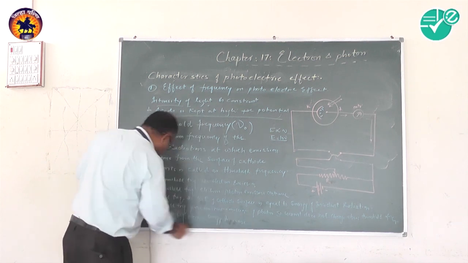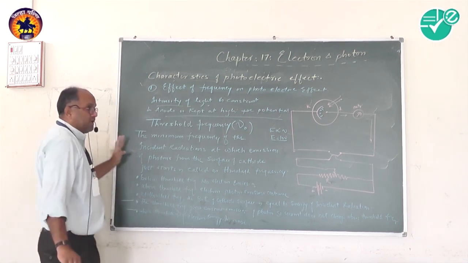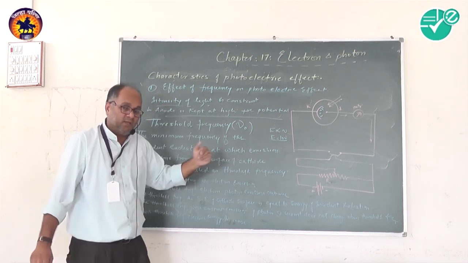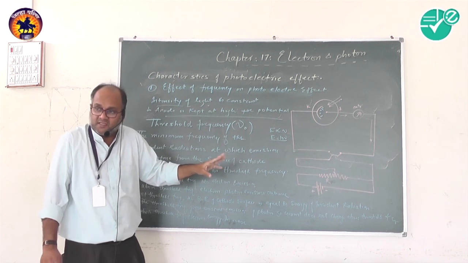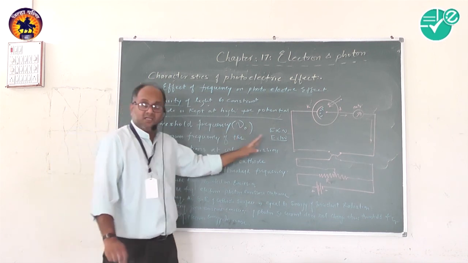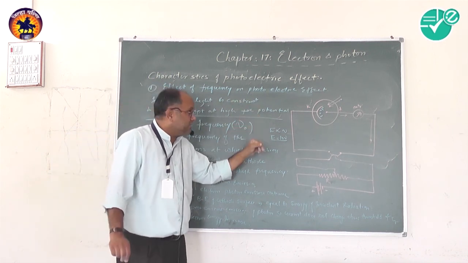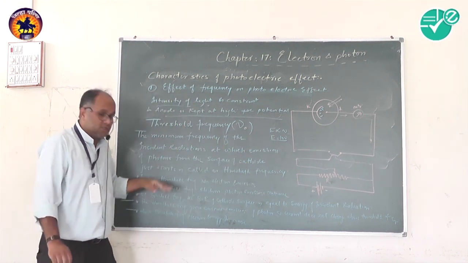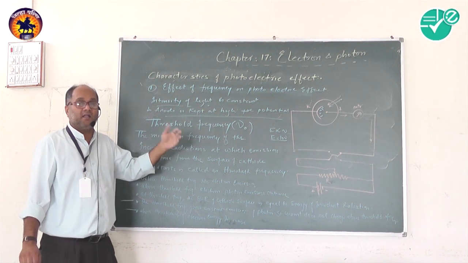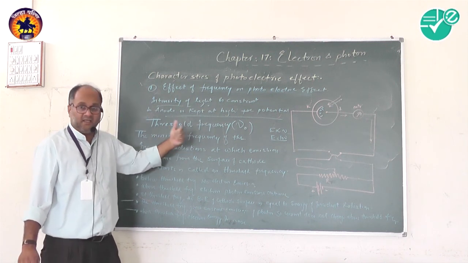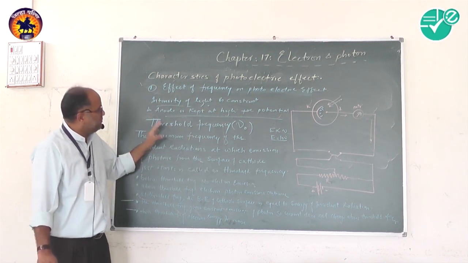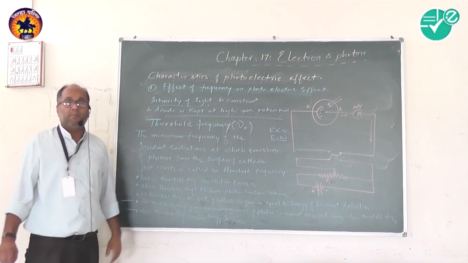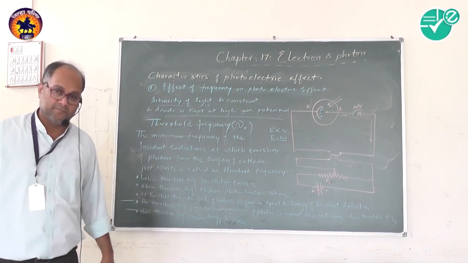These are two very important points. Value of current doesn't change because it depends upon the number of electrons emitted. Frequency does not change the number of electrons, but frequency changes energy, so the emitted electrons will have higher and higher energy. So these are the points which we have to study about the threshold frequency.